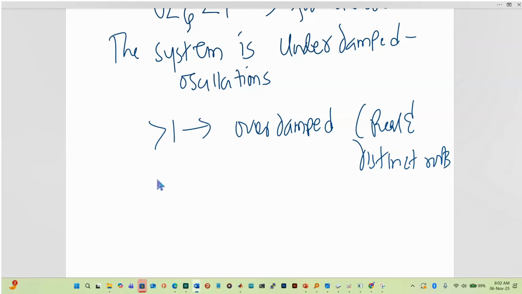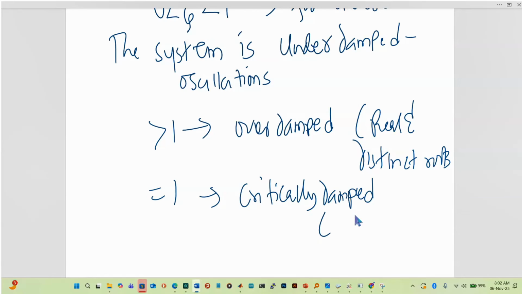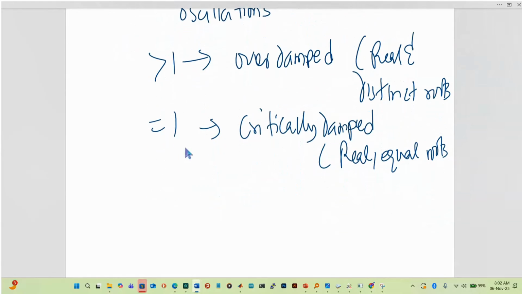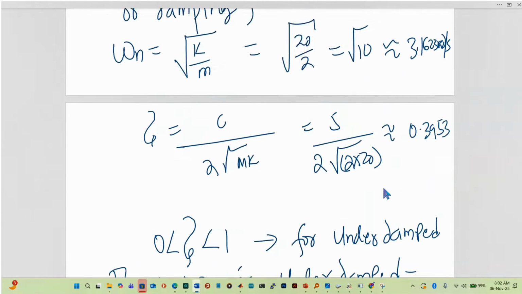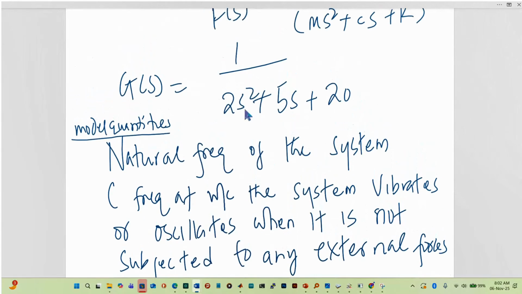When it is equal to 1, it is critically damped, and here you'll have real and equal, or repeated, roots. When it is equal to 0, we say it is undamped. The roots we are talking about are the roots of this characteristic equation.